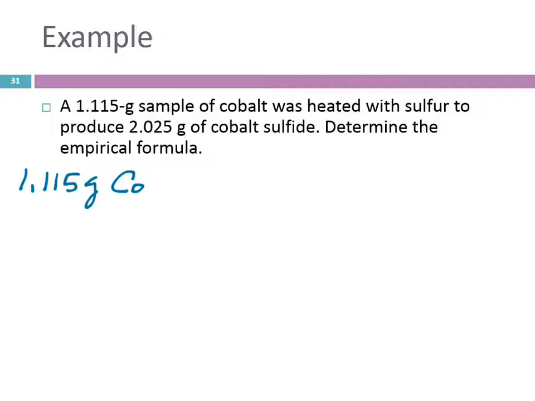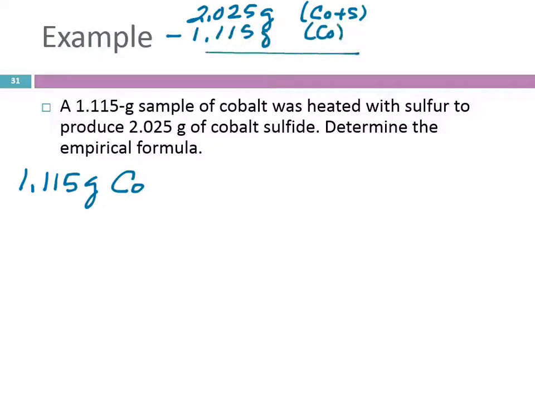We're going to subtract. So this is the cobalt and the sulfur. We know the mass of just the cobalt, so we'll subtract. I'll do that up here. 2.025 grams, that's cobalt plus sulfur, minus 1.115 grams just of the cobalt. 2.025 minus 1.115 is 0.910 grams.